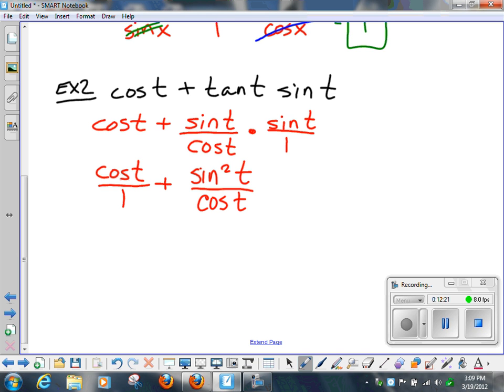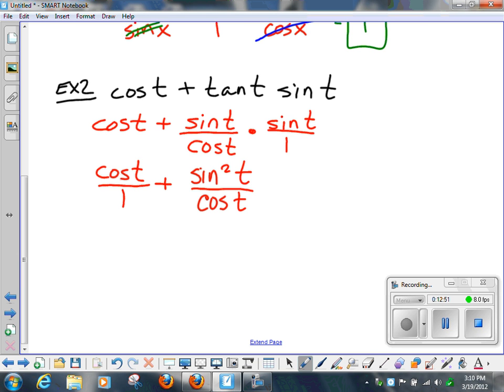Now, folks, look at this, because you've got a fraction. Get out your card. Do I have anything that is equal to, well, just have your card available.